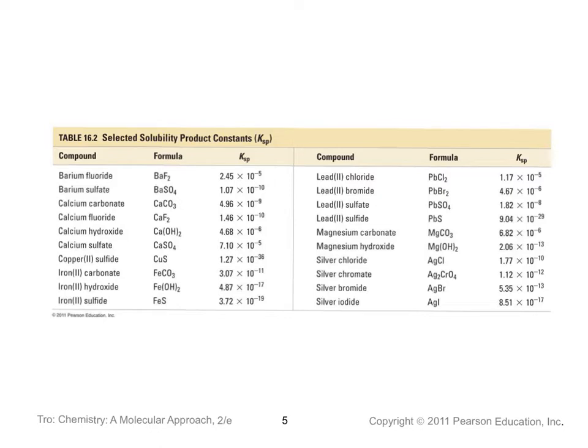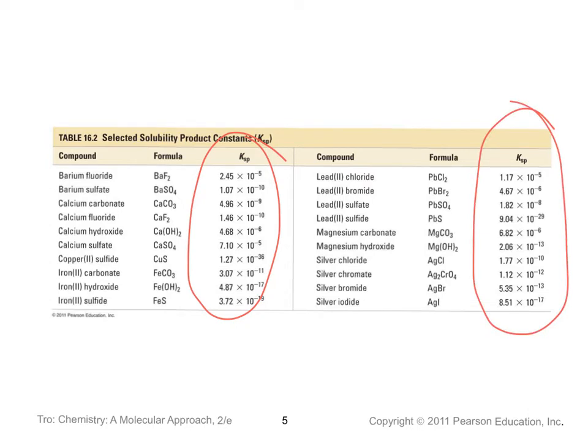And you can tell by these, right? So the Ksp is moving in the direction of the ions, the dissolution. And all these are pretty small, right? I mean, 10 to the minus fifth is the largest one we've got here. You see copper sulfide here, 10 to the minus 36. That's highly insoluble. Things like lead sulfide, highly insoluble.